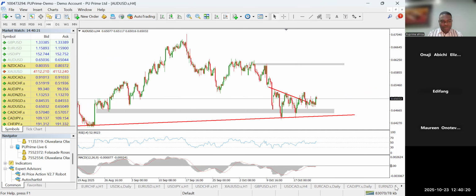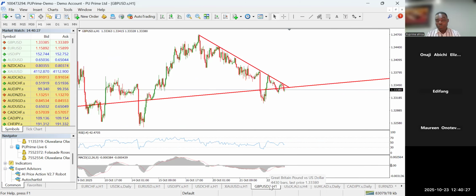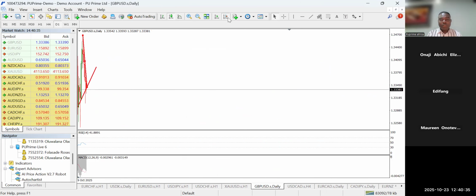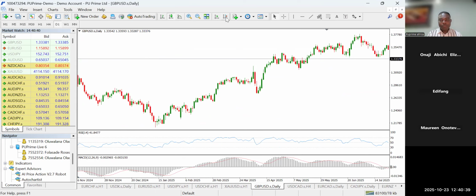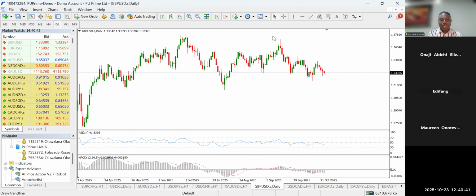On the technical, I'm seeing a pattern forming on the GBP USD. This is purely technical. And if it works out beyond 3 p.m., let's say 3:30, 4 p.m., then you may take this particular trade. So for the GBP USD, on the daily time frame, price is trending in the bullish direction.